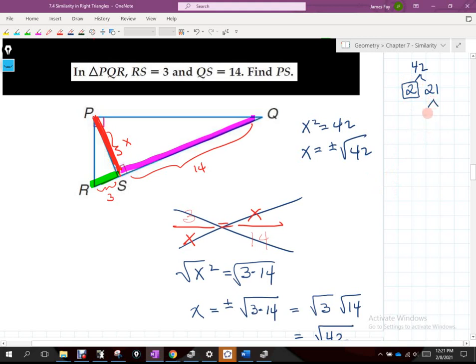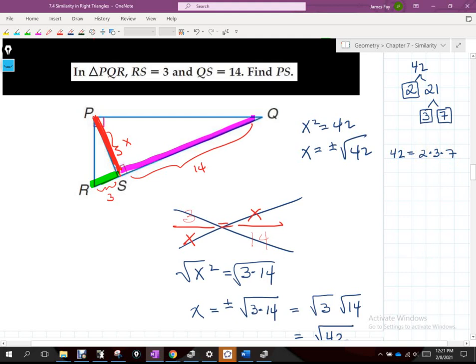So we think about numbers that divide 21: 3 and 7, right? Both those are prime, so we'll stop there. What that tells me is that 42 is the same thing as 2 times 3 times 7.